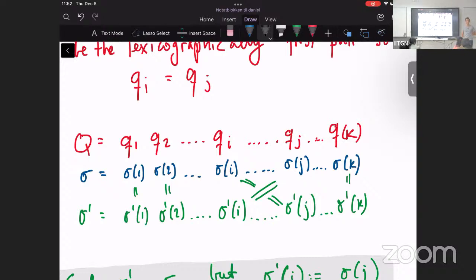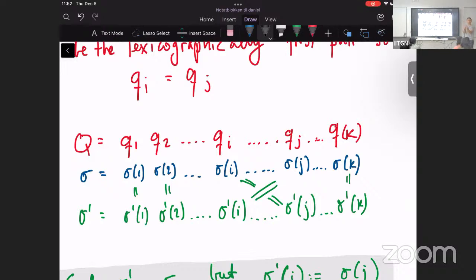Yes, you flip the label of the vertex that appears twice first. So Qi and Qj are vertices on the walk that repeat. So in particular, it's the same vertex. So you look at the first vertex that repeats, and you look at the first repetition of that vertex.